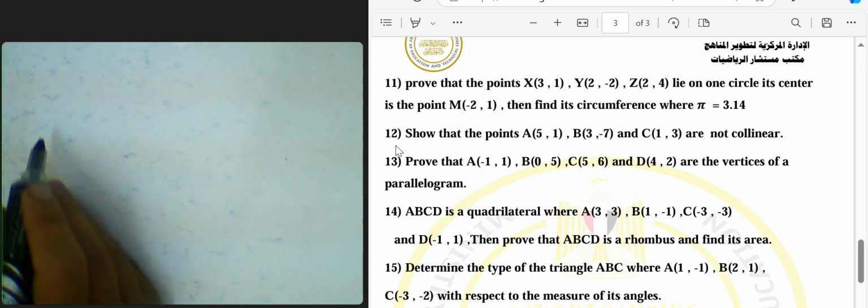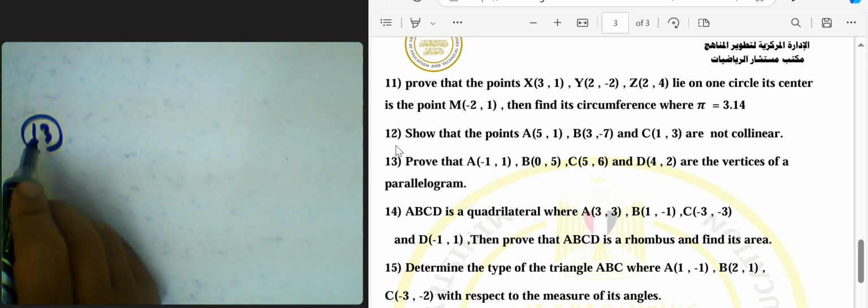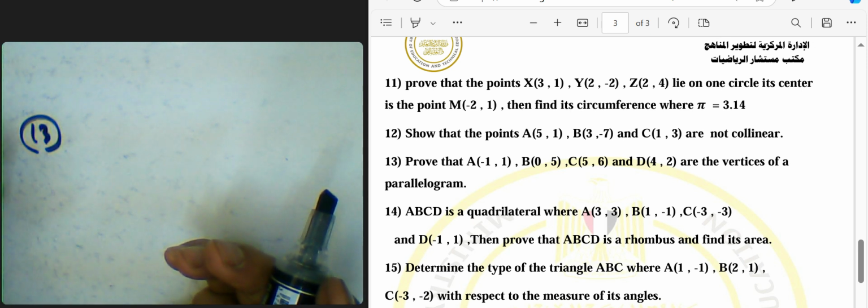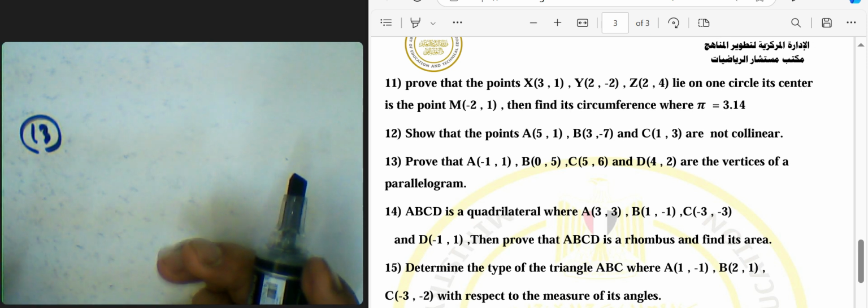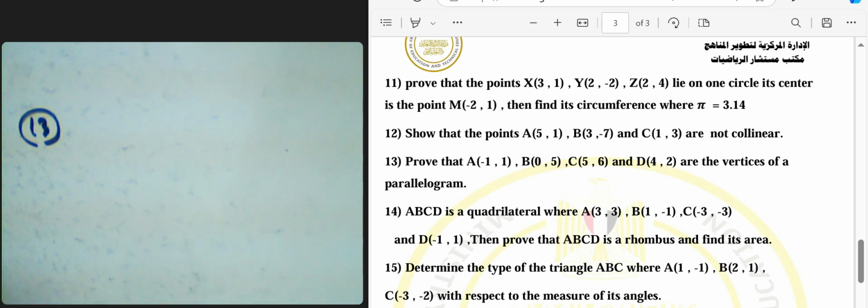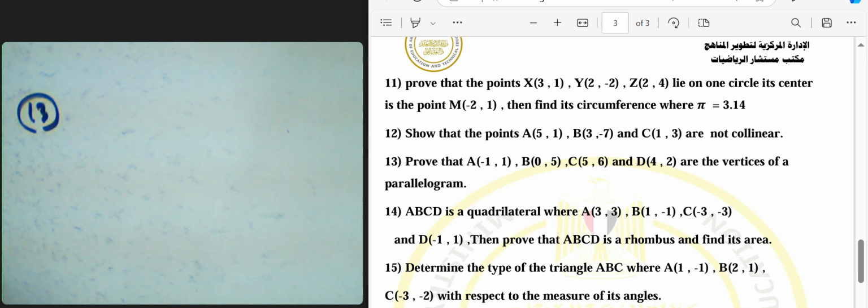Question 13. Prove that A, B, C, D are vertices of a parallelogram. Okay, to prove that ABCD is a parallelogram, you must prove that each pair of opposite sides has equal lengths. In other lessons in the future you will get other properties, like the diagonals bisecting each other, or that two sides are equal in length and parallel.